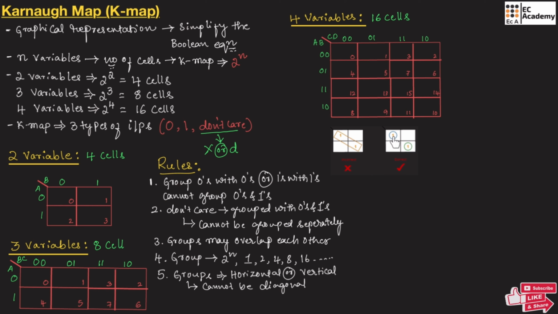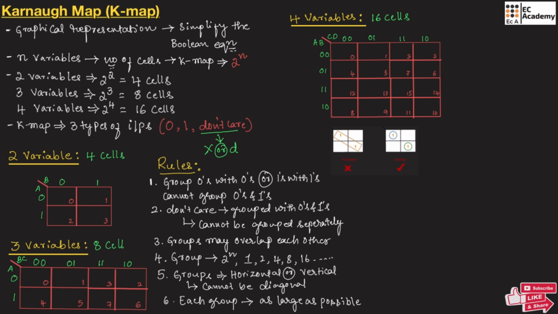If we are having two values like this, we can group them individually. We cannot diagonally group these values. Either we group horizontal or vertical. Each group should be as large as possible.